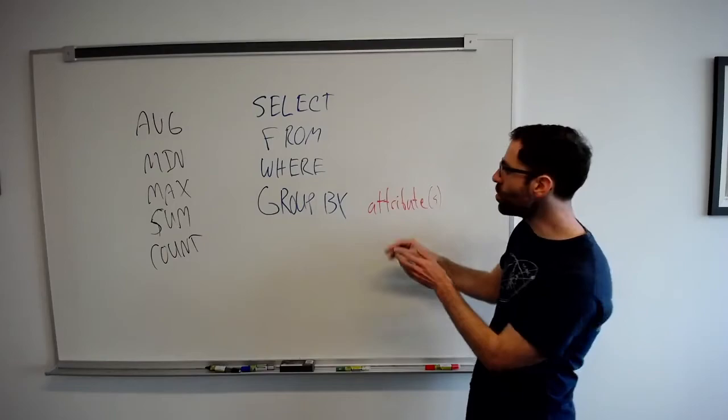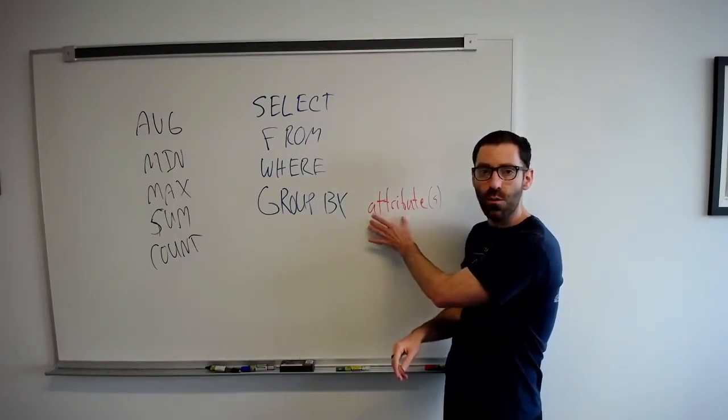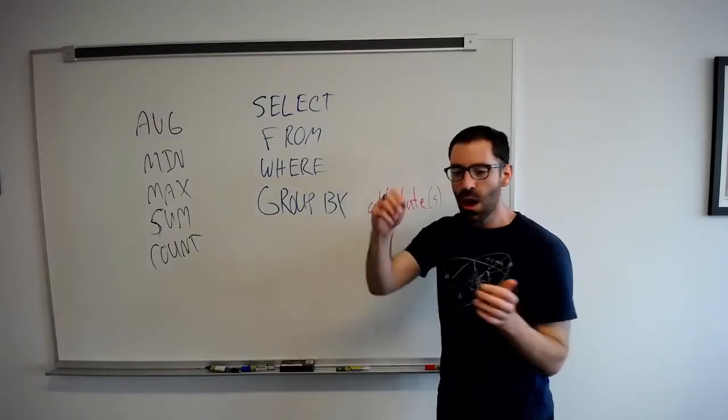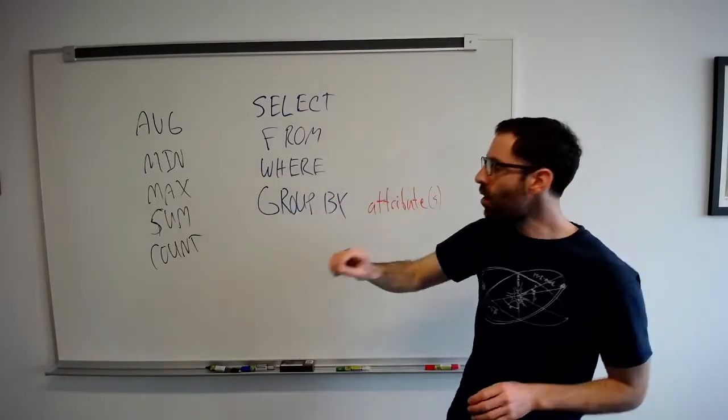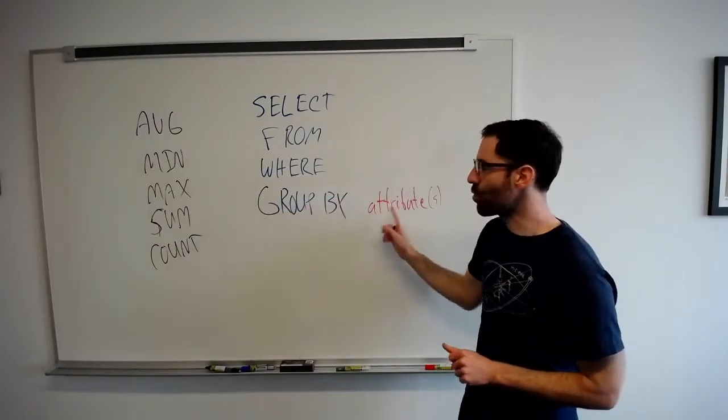So all the tuples that have the same value for the attribute we're grouping by will be grouped together, and then we can have our aggregates over each group.